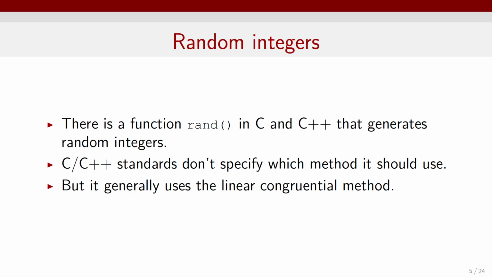To generate random integers, there is a function rand in C and C++ that can be used to generate them. The C or C++ standards don't specify which method it should use, but it generally uses the linear congruential method.